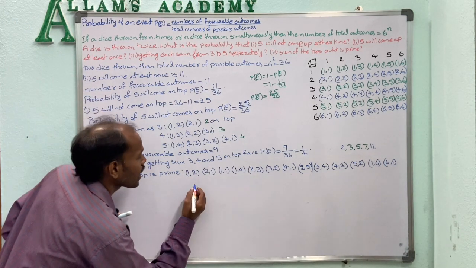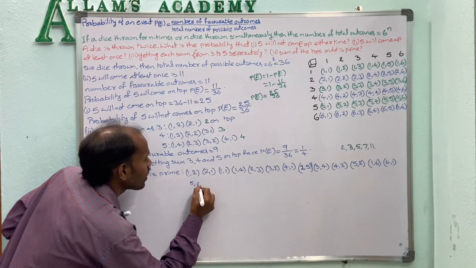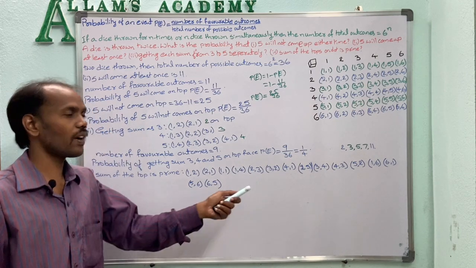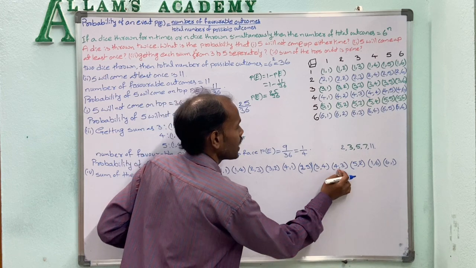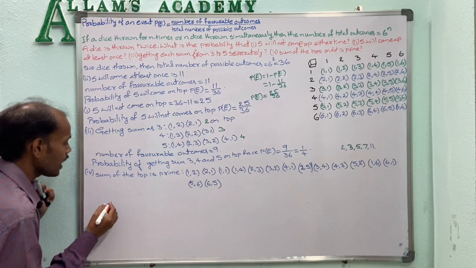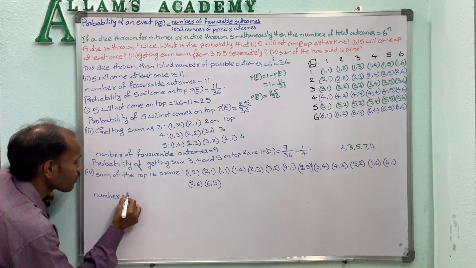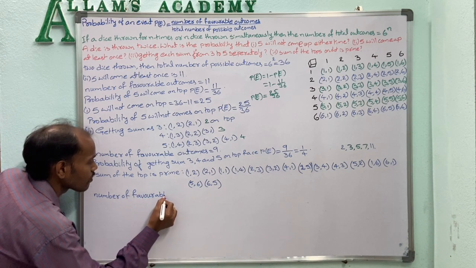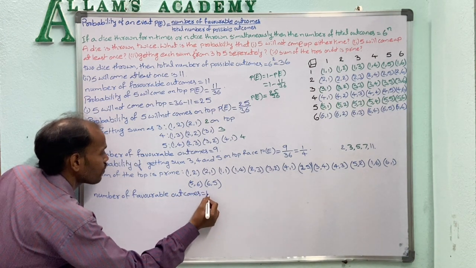And 11 is also a prime. So 11 will come as 5 6 and 6 5. Now how many are these? 1, 2, 3, 4, 5, 6, 7, 8, 9, 10, 11, 12, 13, 14, 15. So the number of favorable outcomes is 15.